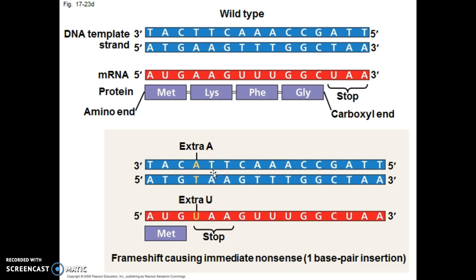What could happen as a result is a change in the nucleotide into the mRNA, into the polypeptide. So if it happened to be TAC and then A right here, it would become ATT, which would translate to a stop codon.